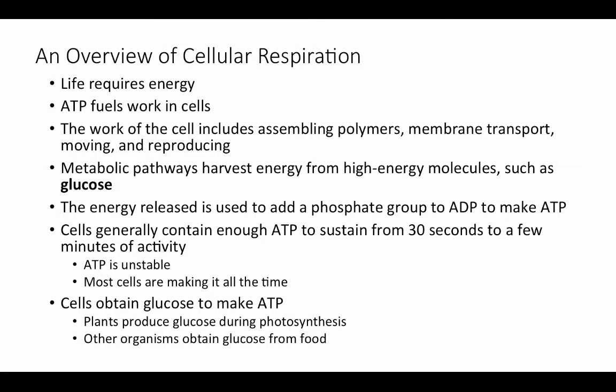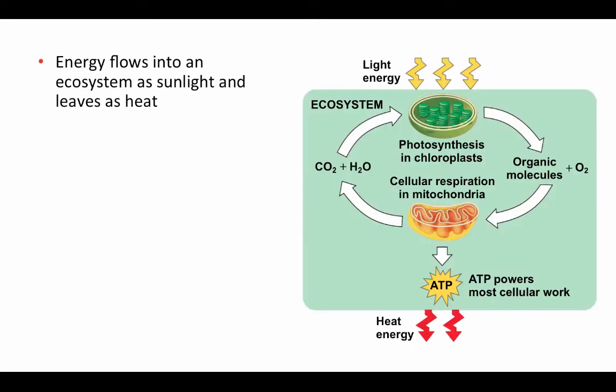So plants produce glucose during photosynthesis, and then other organisms are going to obtain their energy source from food, ultimately in the form of glucose. Energy is going to flow into an ecosystem as sunlight and leave as heat. So remember that energy is this one-way street.